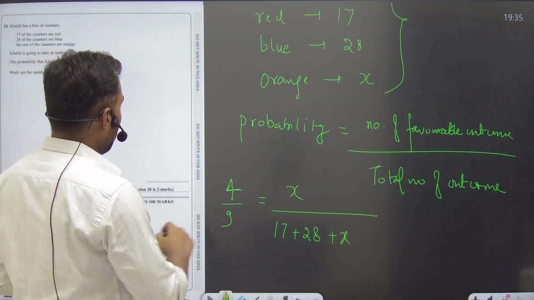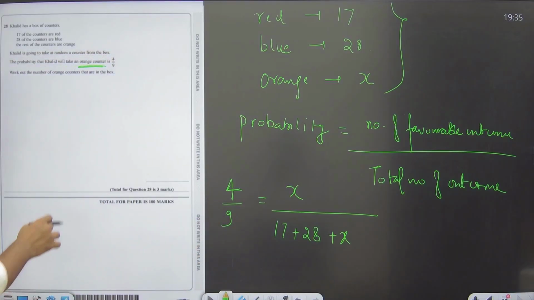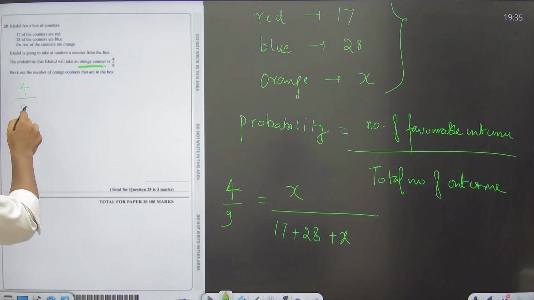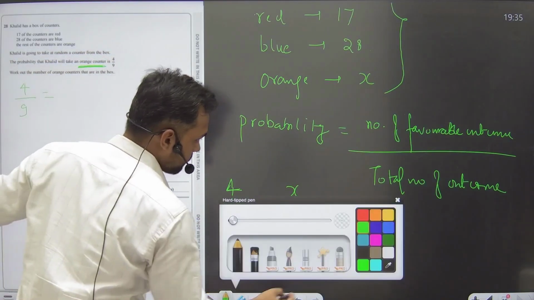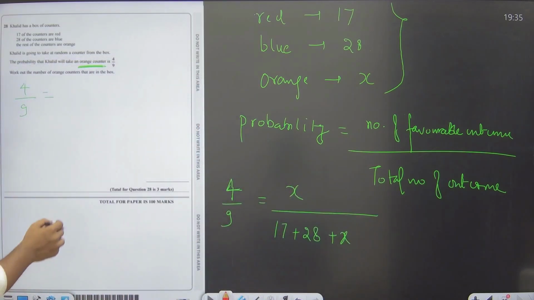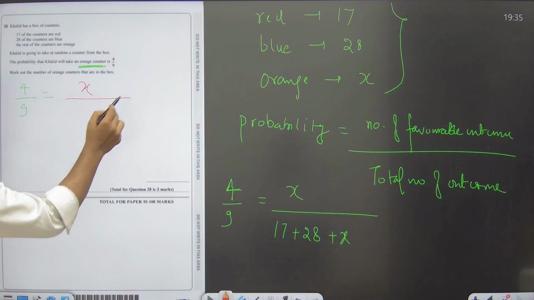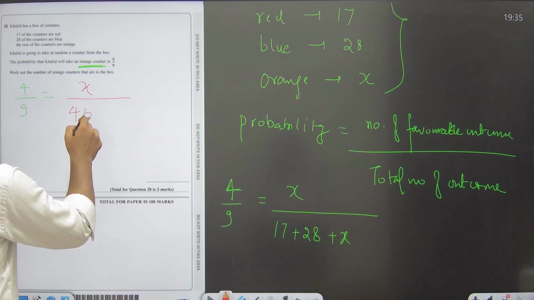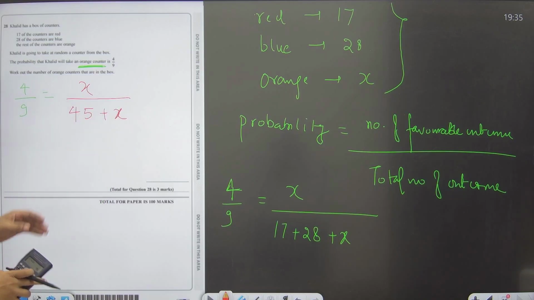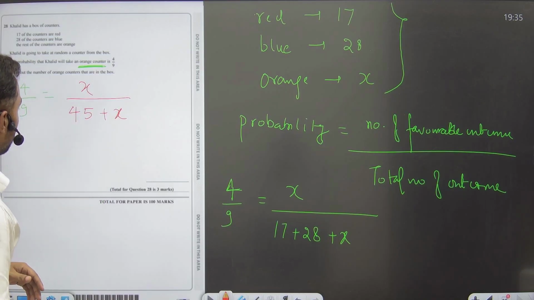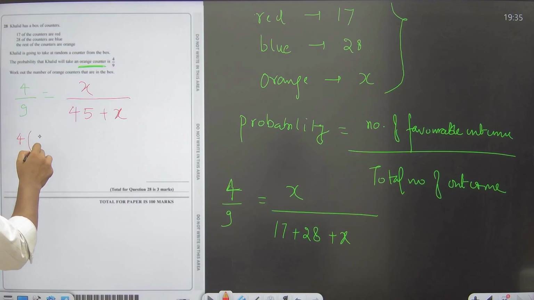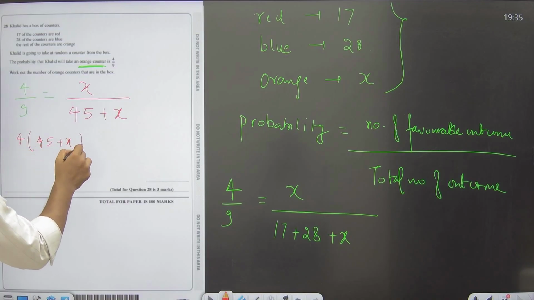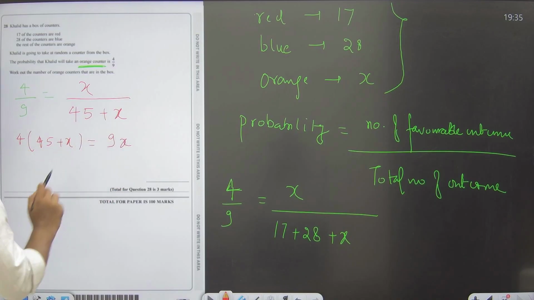Now on calculating, 4 by 9 equals x upon 17 plus 28, which is 45 plus x. We will cross multiply, so we get 4 times (45 + x) equals 9 times x.